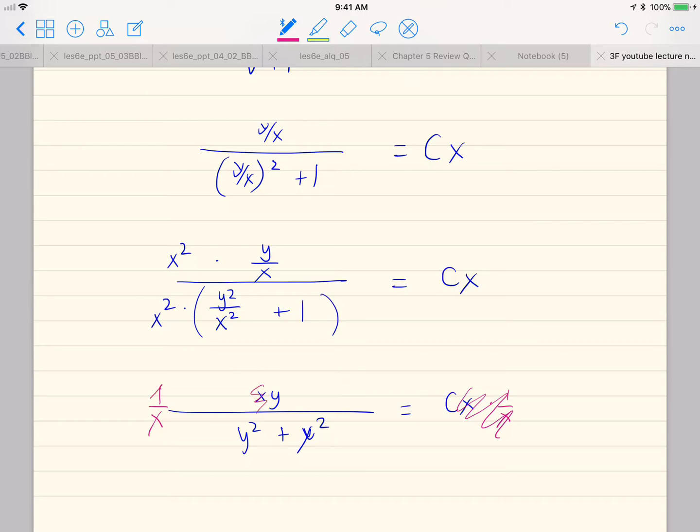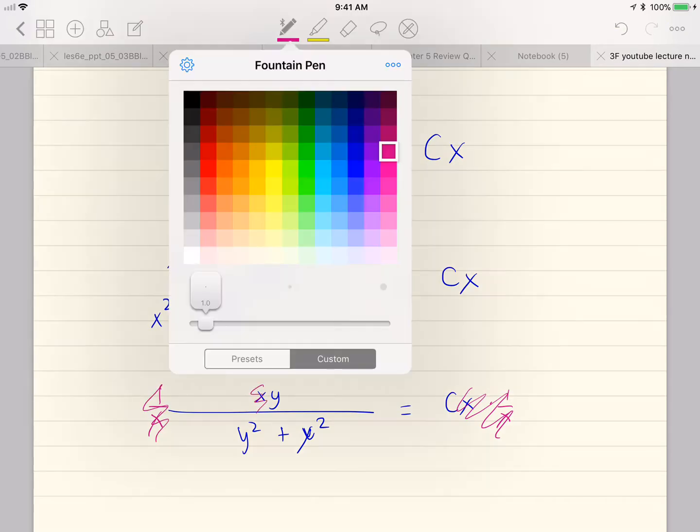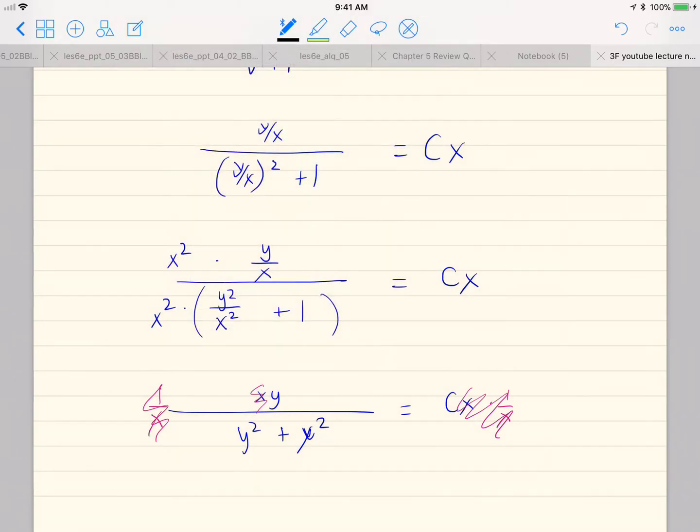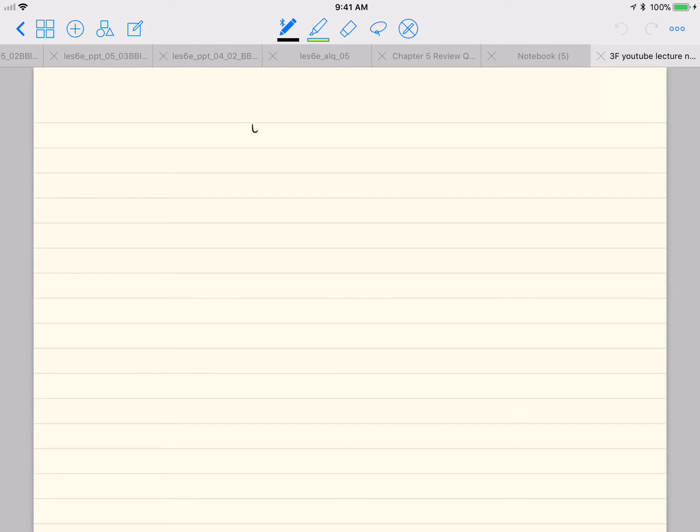So it looks like we will have y over x squared plus y squared equals a constant. And now, multiplying, we get cx squared plus cy squared equals y.